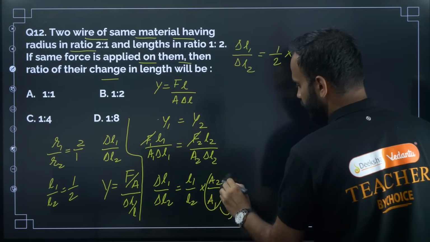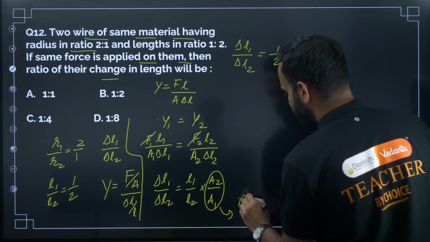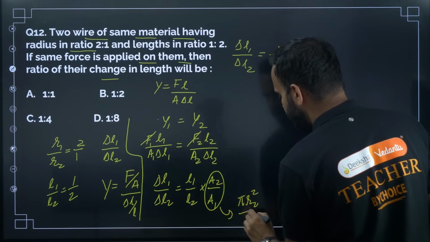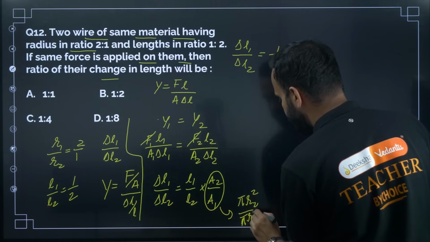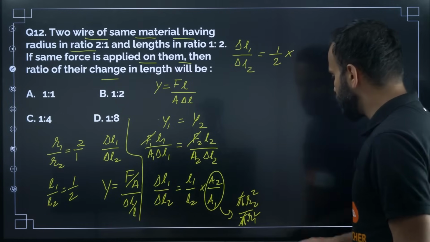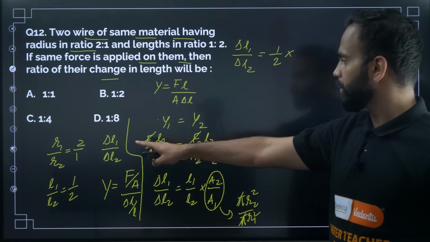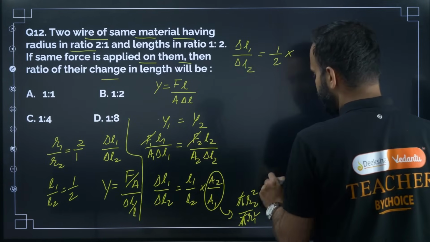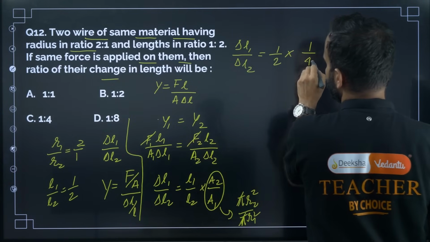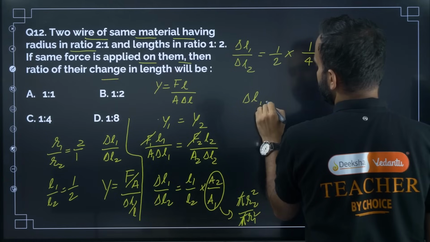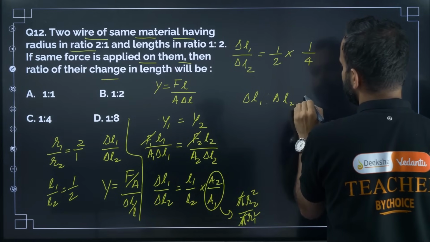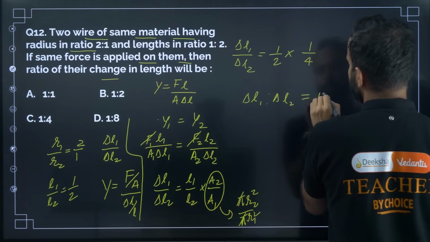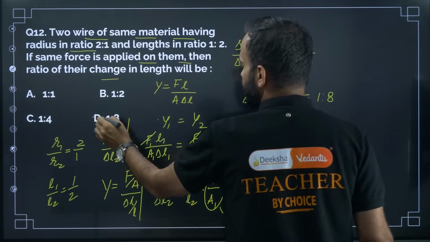Here A2 by A1 is pi R2 squared divided by pi R1 squared. So pi will get cancelled, and we get R2 by R1 whole squared. What is R2 by R1? 1 by 2, right? So R2 by R1 whole squared is 1 by 4. So now the ratio delta L1 is to delta L2 is equal to 1:8. So the correct option is D.